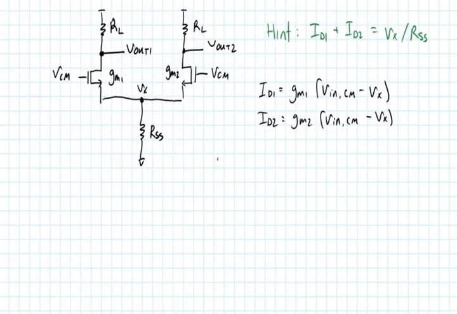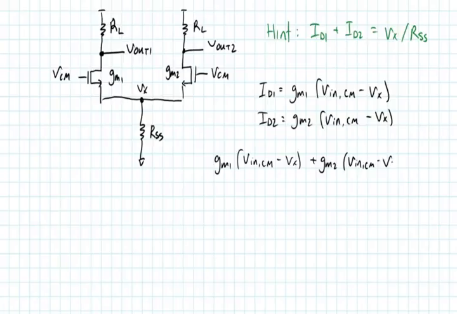So then what we can say is GM1 (Vin,CM minus Vx) plus GM2 (Vin,CM minus Vx) is equal to Vx over RSS. That's basically doing KCL at this node. This current plus this current is going to be equal to the current flowing through that resistor.